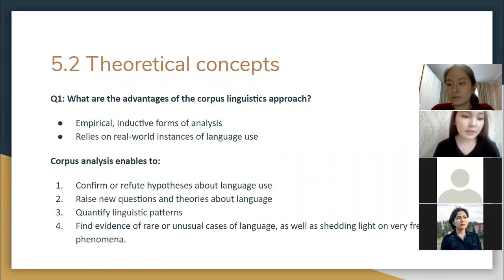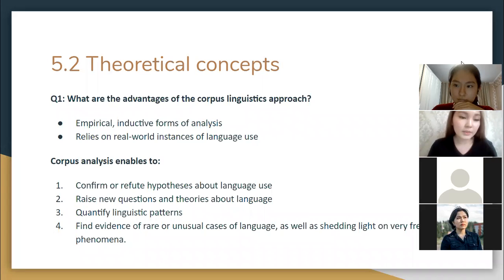So the advantages are as follows. First of all, corpus analysis enables researchers to confirm or refute hypotheses about language use, and it also allows them to raise new questions and theories about language that otherwise would not have been possible.